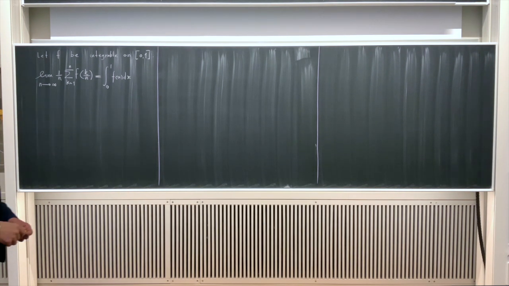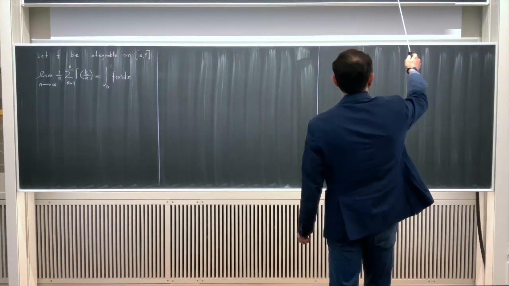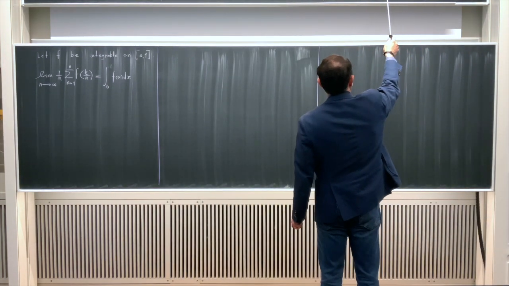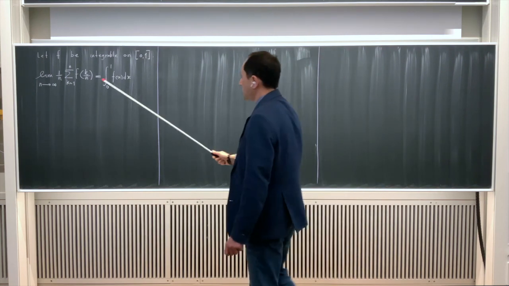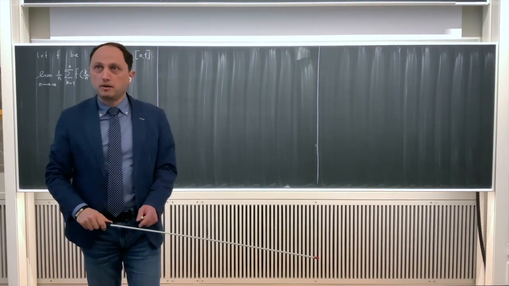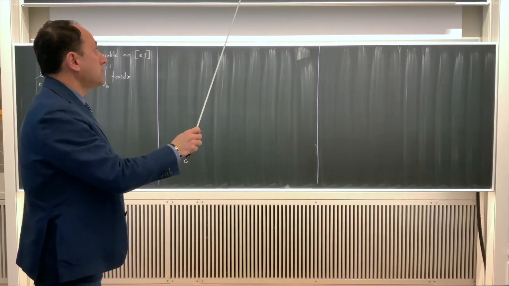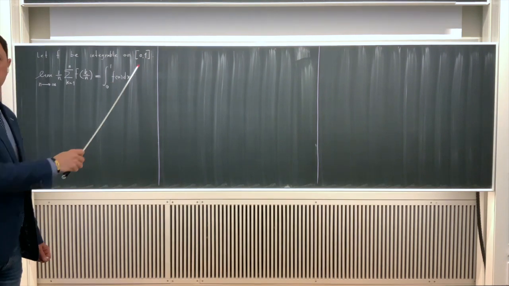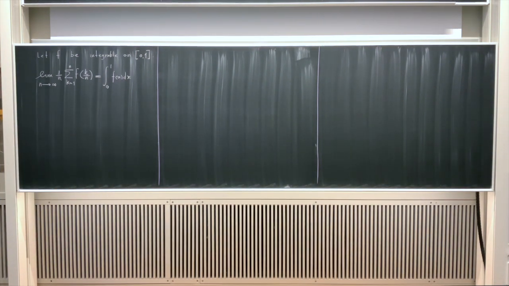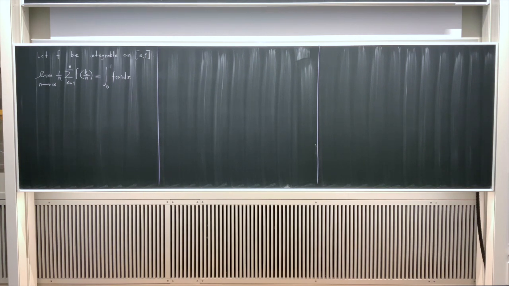So according to what we did on the board here, I have to convince you that the left-hand side is a limit for a particular Riemann sum. If I can convince you, then I can use that theorem and prove this. Actually, the proof is there. So what is this? Can you see that this is a Riemann sum?